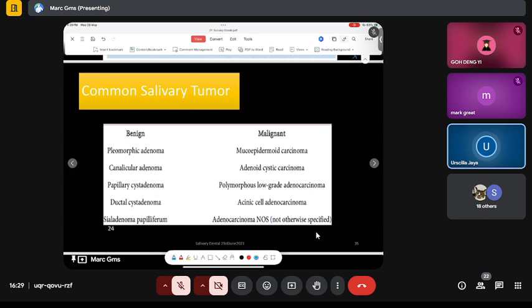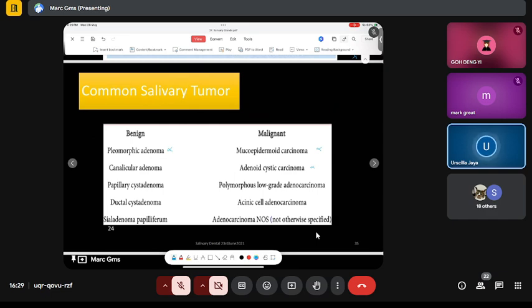So common salivary tumors, based on whether they are benign or malignant. The most common benign tumors are your pleomorphic adenoma, canalicular adenoma, papillary cystadenoma, ductal cystadenoma, and ciliary adenoma papilliferum, which I've not seen.